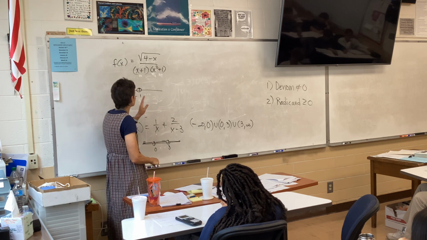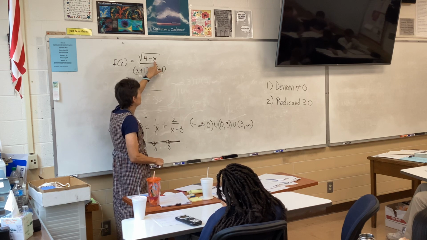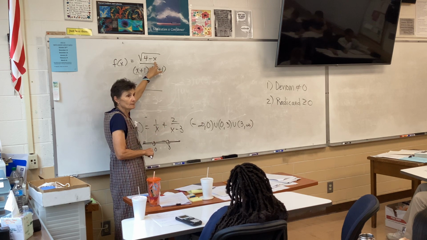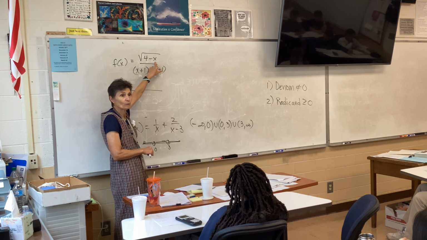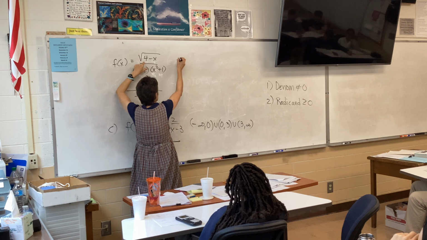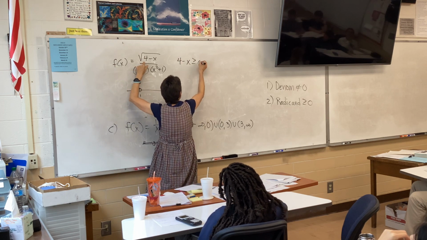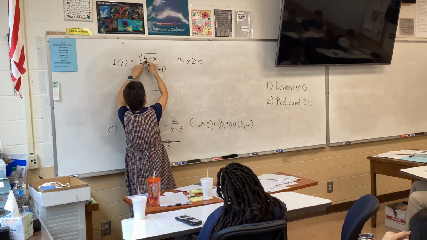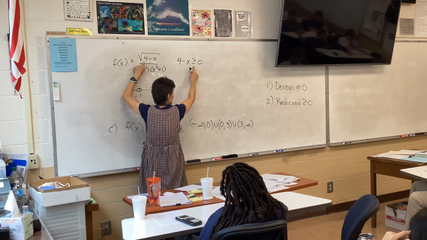You couldn't, for example, in this problem, could you put in 7? No, because if you did, it would be imaginary. So the only numbers you can put in are the ones where this is positive.